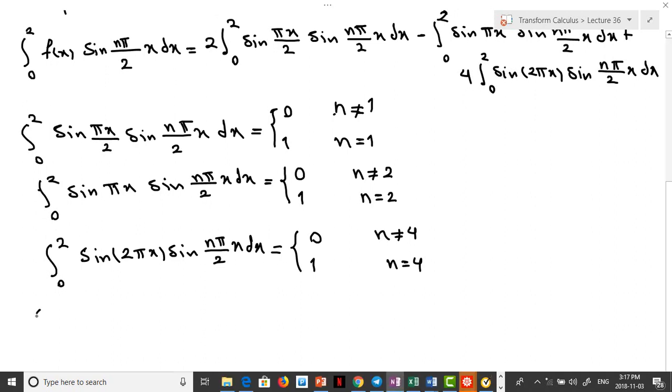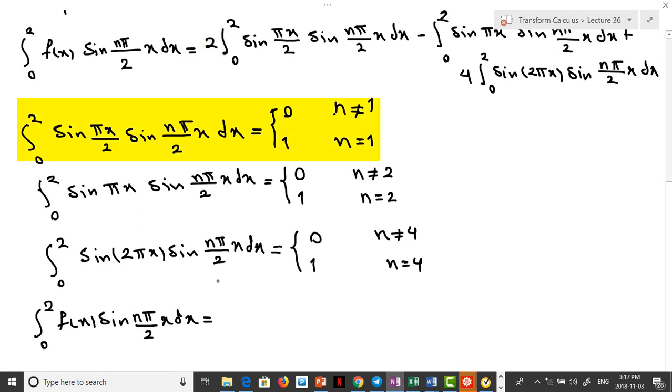So in fact, the integral from 0 to 2 of f(x) sin(nπx/2) dx is equal to 2 times this integral. We already found this integral here.